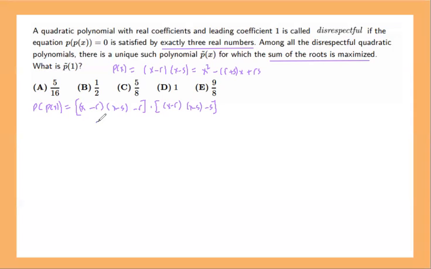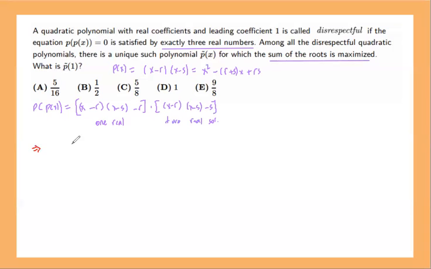Let's say this one has 1 real solution and this one has 2. Two real solutions means the discriminant is larger than or equal to 0, but it's an inequality, so it doesn't help much. One real solution means the discriminant is 0, which is much more helpful, so I'll use the first part.